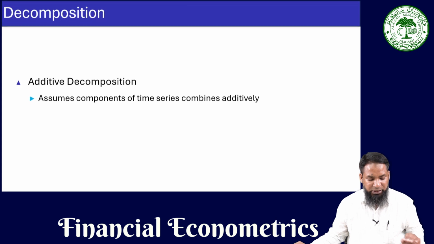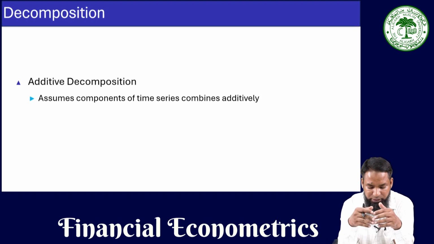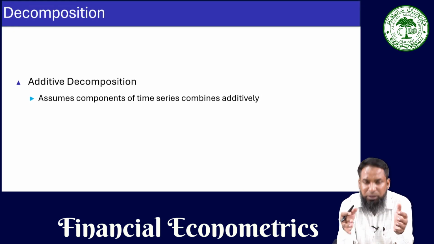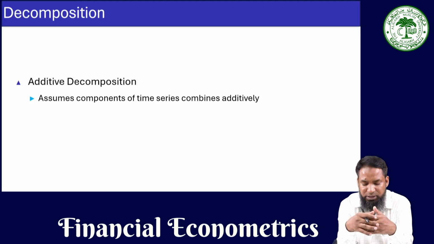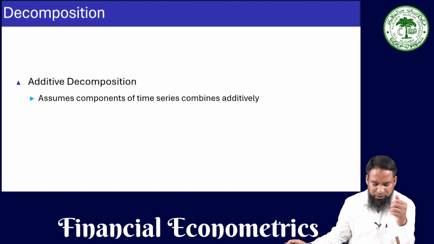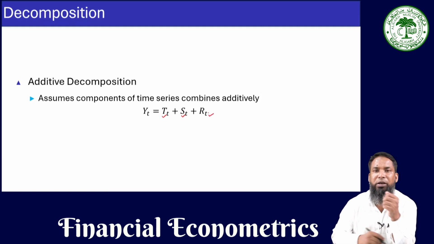When we say additive decomposition, we are assuming that the components of this time series are combined using addition. That means the whole series yt is the summation of the three component series: trend, seasonality, and randomness.